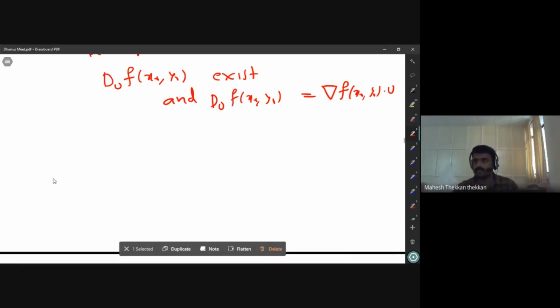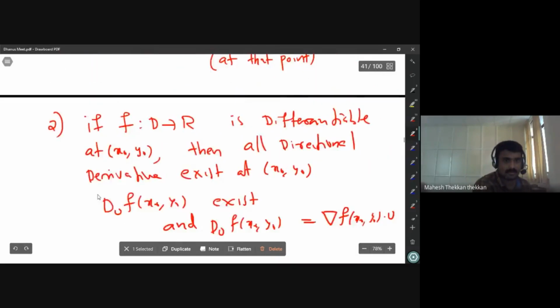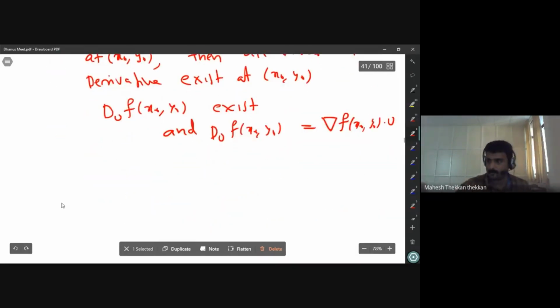Next I wanted to say is the sufficient condition for existence of differentiability. So what is the sufficient condition? Suppose all the partial derivatives exist in a small neighborhood of the point and are continuous there, then f has to be differentiable.